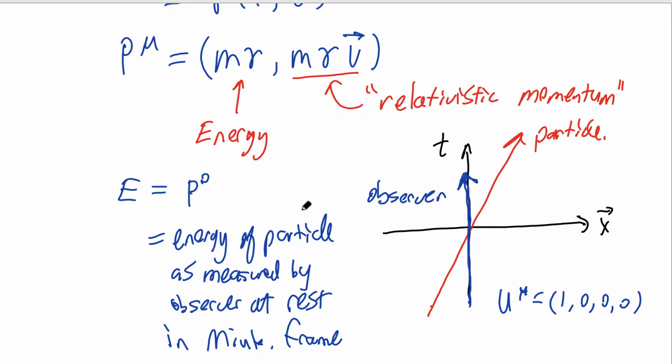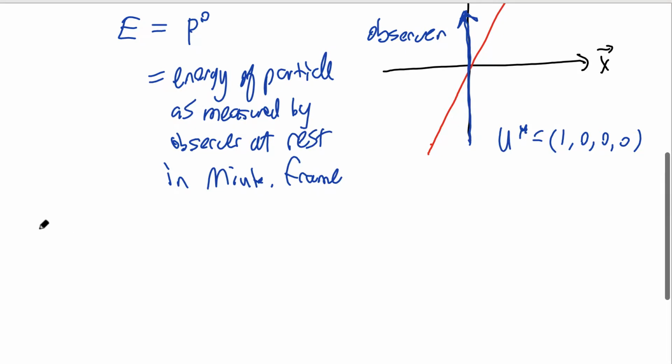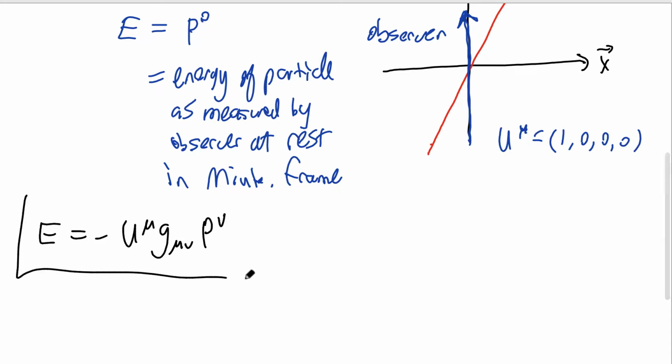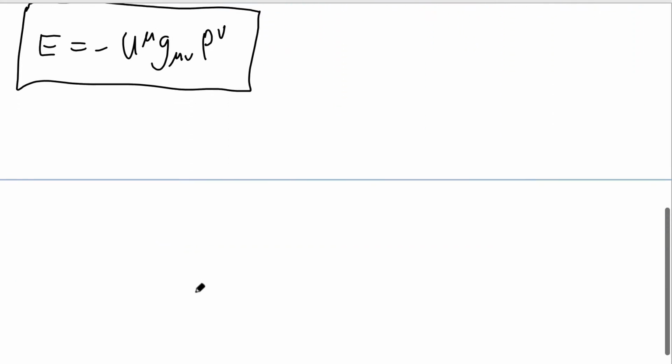So we can write the energy of the particle as measured by this observer in terms of the inner product between the observer's velocity, u, and the particle's momentum, p. Right? The expression is minus the inner product of u and p. So let's check this.